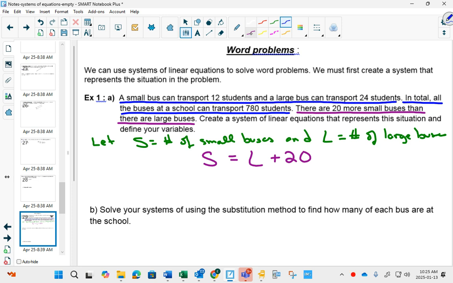We actually have to use both of these sentences to create our next equation. All the buses at the school can transport 780 students. If S is the number of small buses, each small bus can take 12 people, so 12 times S would be the number of people that the small buses can take.